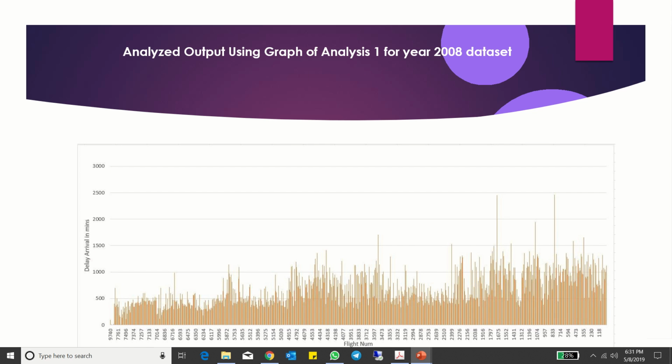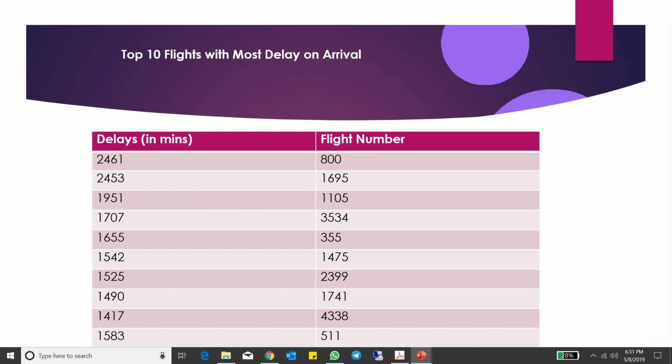So here is the graph that we analyzed, the output of analysis 1 for the year 2008 dataset. According to this graph, flight number 800 has the most delays, that is 2461 minutes.